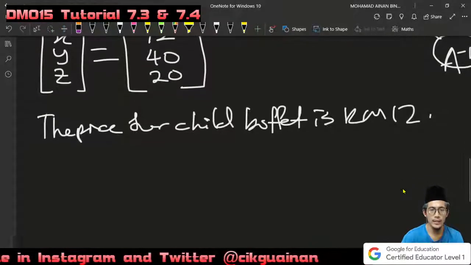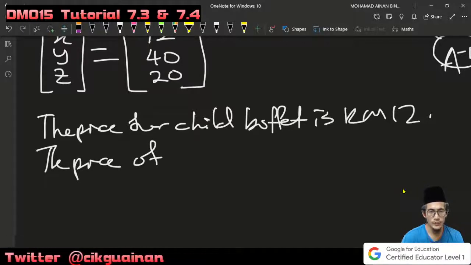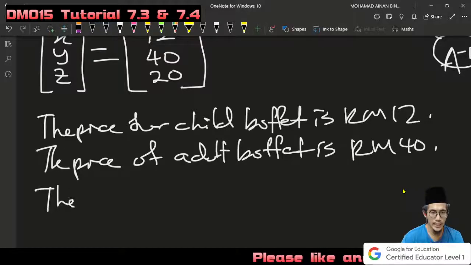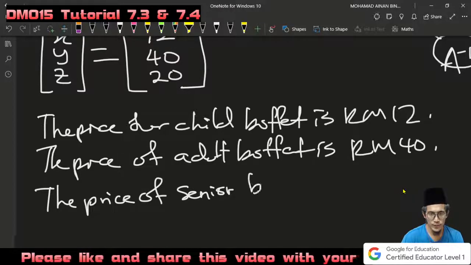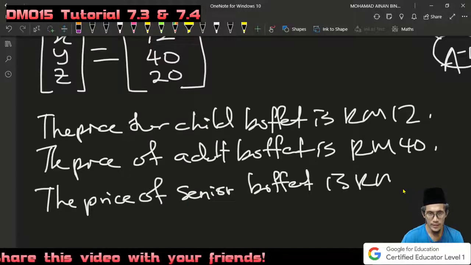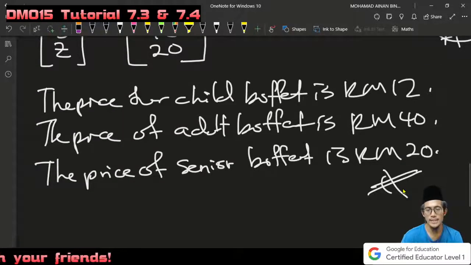Okay, so the price of adult buffet is RM40. Okay, and lastly, the price of senior buffet is RM20. Okay, so this is the answer.